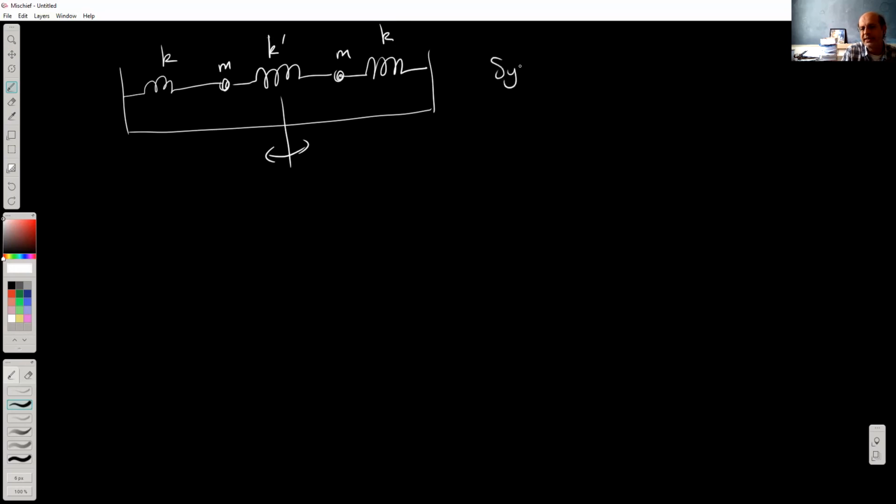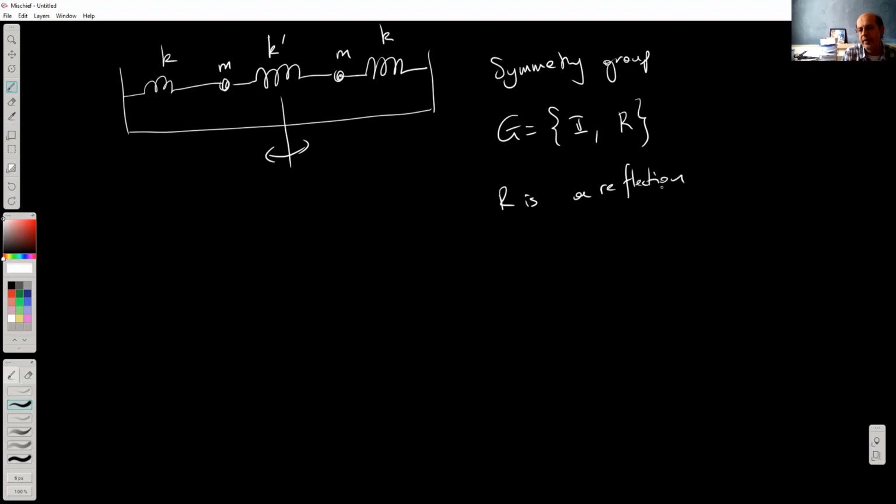So the symmetry group contains the identity and some kind of R, a reflection across the mid-plane or something like that, okay?